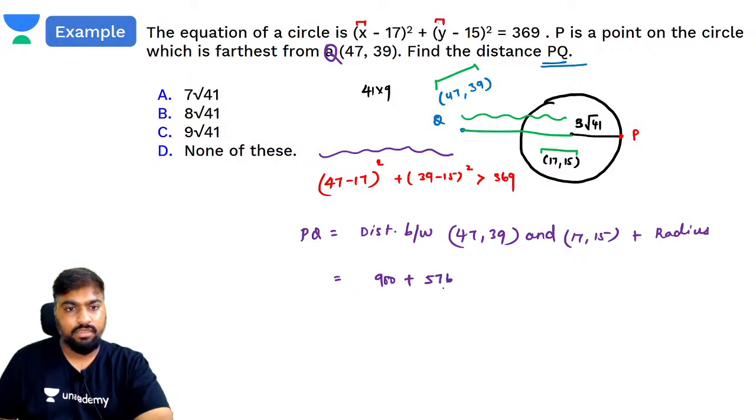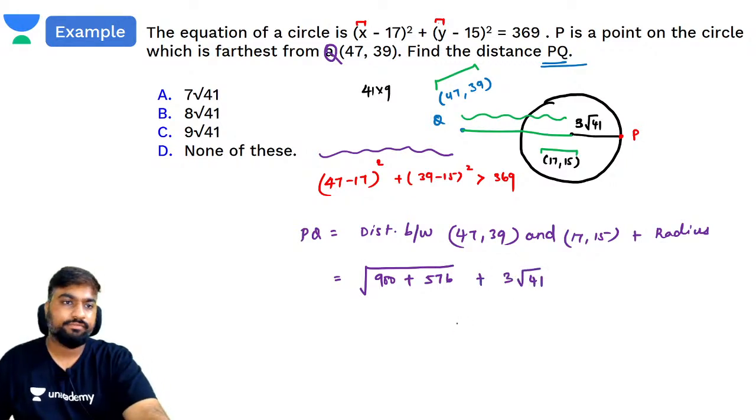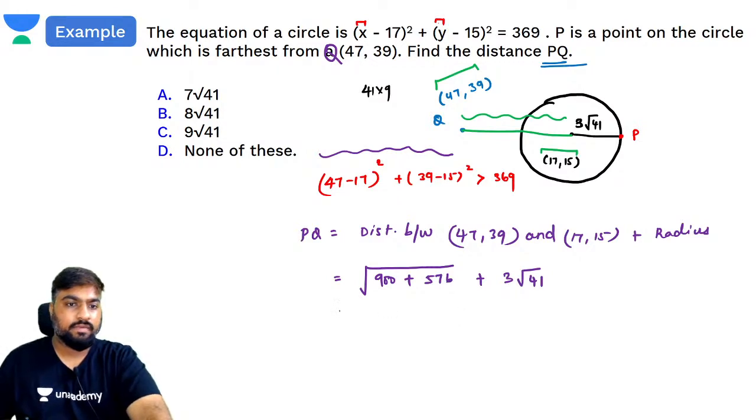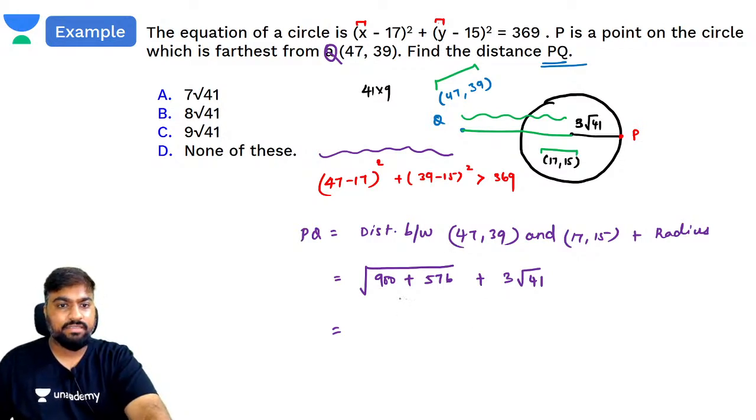$576. Its root plus the radius, which is 3 root 41. Yes, so if you look at this, 900 plus 576 is 1476. If you go for the root of 1476, you know it's not a perfect square.